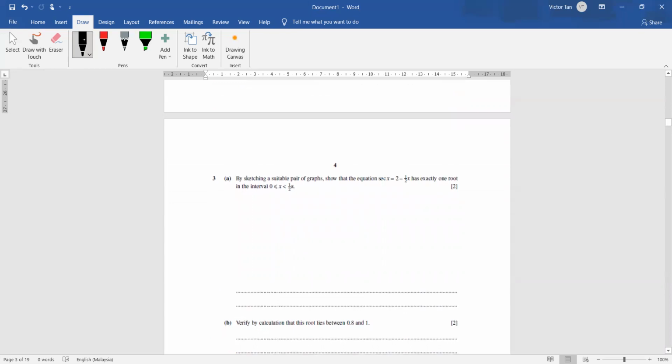By sketching a simple pair of graphs, show that the equation has exactly 1 root in the interval 0 and half pi. Secant x is 1 over cos x.